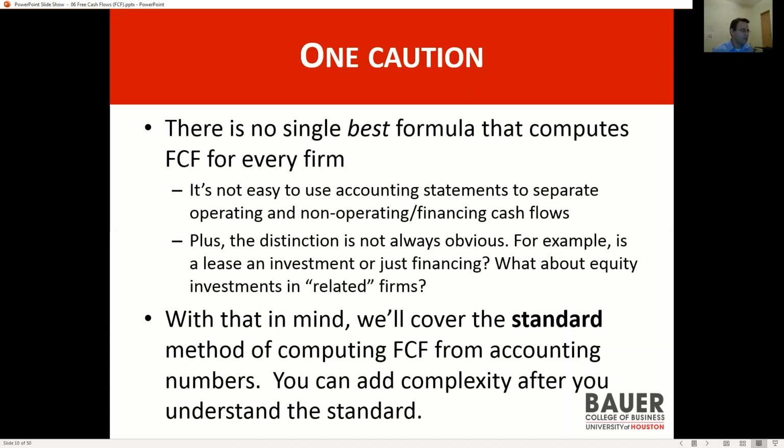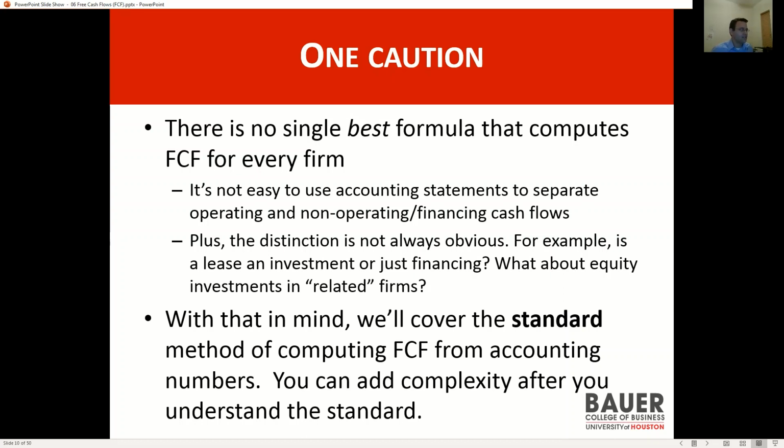For one thing, it's not always easy to separate operating cash flows from financing cash flows. So one, you could be in the financial industry. If you're a bank, for example, it wouldn't make sense to even draw this line, right? Your operations are financing. You're making loans. That's a kind of financing transaction, but that's a big part of your operations, obviously. So sometimes it's not easy to draw a line between operations and non-operating cash flows.